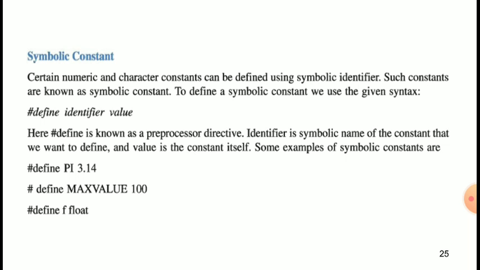Generally, symbolic constants are defined using capital letters. The syntax is #define identifier value. Here, #define is a predefined preprocessor directive, identifier is the symbolic name of the constant that the user wants to define, and value is the constant itself.